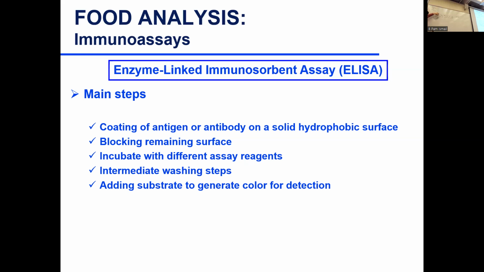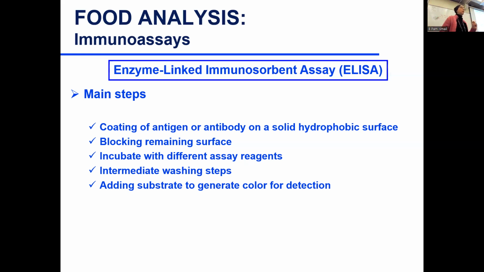They block any open surface, so the antigens don't bind there because they're not specific. They're not the antigen we're looking for. After that, I have a wash again, to wash off any protein that didn't bind. So every time you have an intermediate wash step.